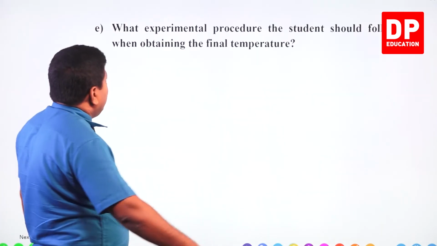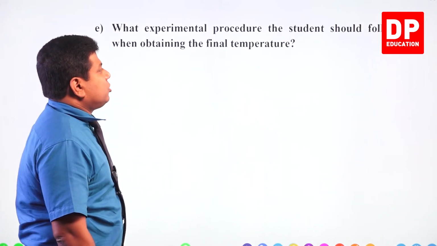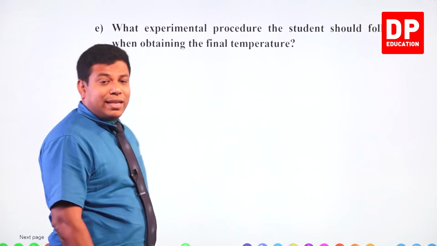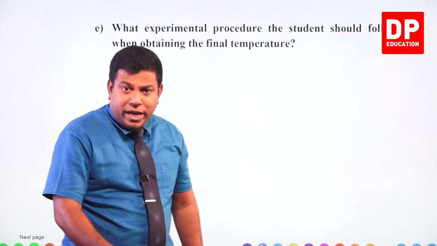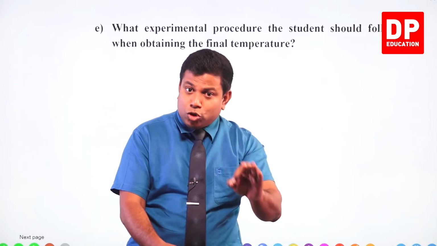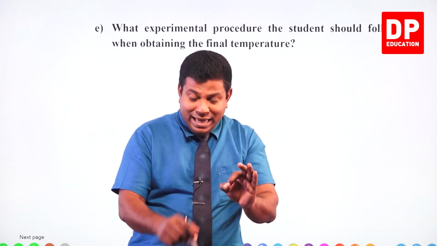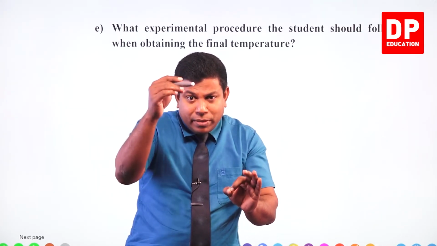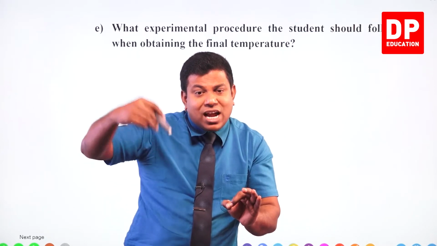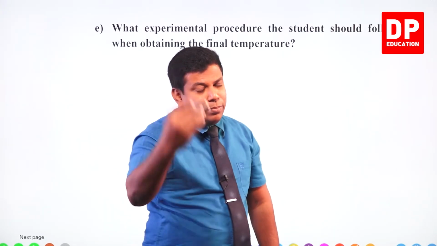Next, what experimental procedure should the student follow when obtaining the final temperature? Again, I explained, you have to wait. Even after you stop adding the ice cubes, keep stirring it. The temperature might further go down and it will start increasing again. The lowest temperature has to be taken.